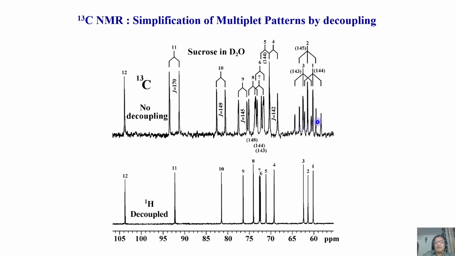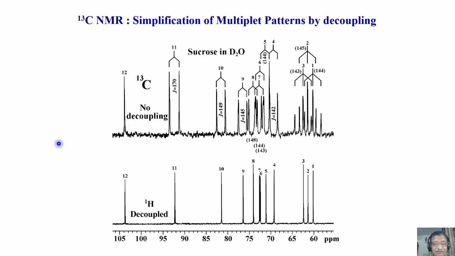If that is the case, how do you identify them? This is the spectrum of sucrose in water. The complexity makes it difficult to identify which are the triplets, quartets and doublets. But in the decoupled spectrum, we can easily identify that in sucrose, there are 12 carbons, and we are observing only 12 peaks.